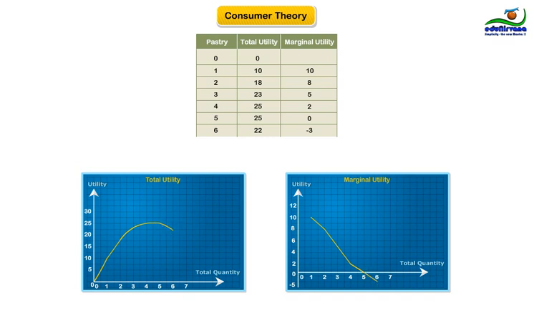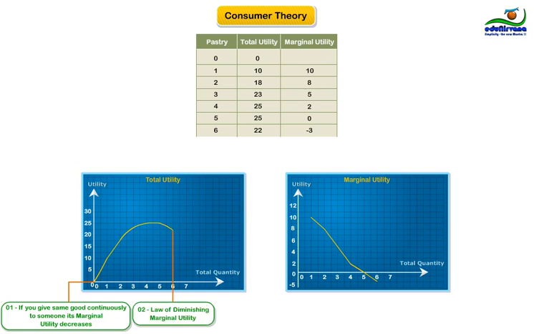To summarize, if you give identical units of same good continuously to someone, each unit will add less and less to the amount of happiness and overall sense of well-being, and the happiness would start reducing after the threshold is reached. This behavior is known as the law of diminishing marginal utility.